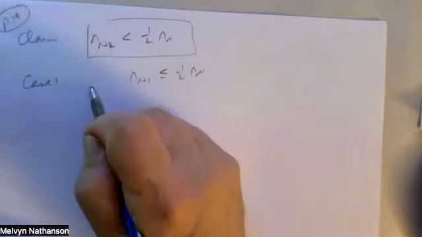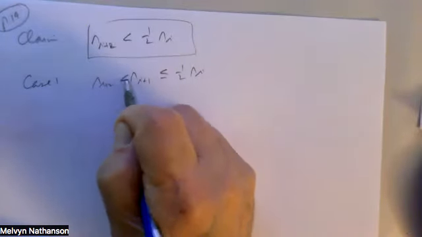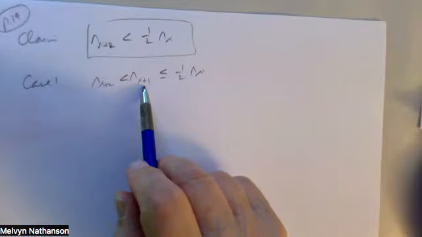So I want to prove this claim. Well, let's say there are 2 cases. Case 1. In fact, R_{i+1}, the i plus first remainder, is less than or equal to a half R_i, but then the next remainder, R_{i+2}, is strictly smaller than the i plus first remainder.